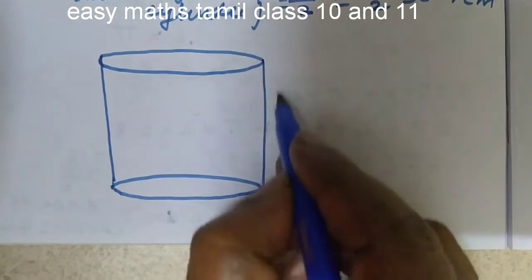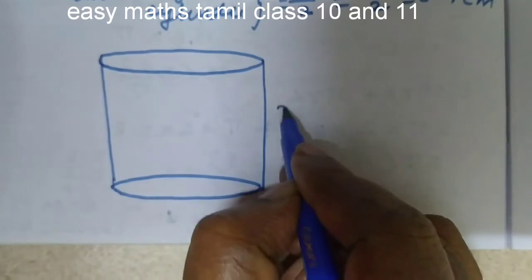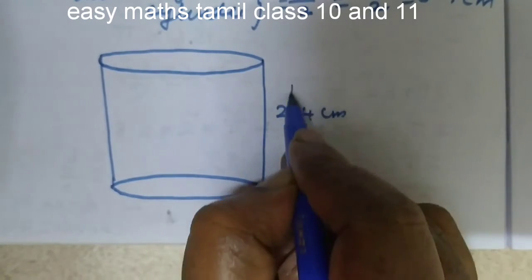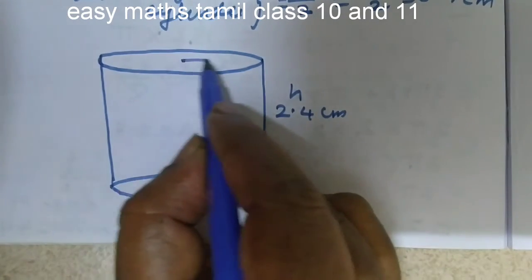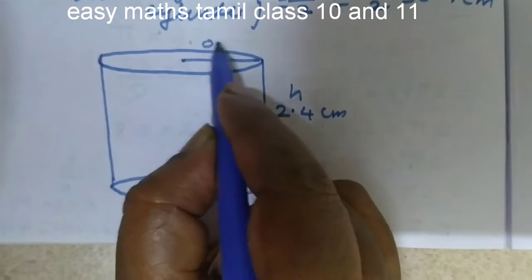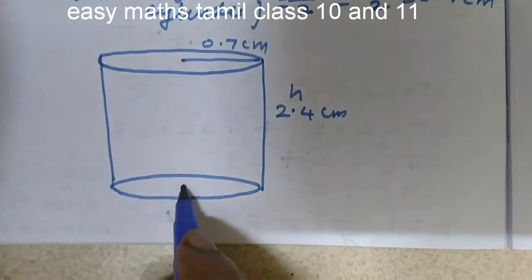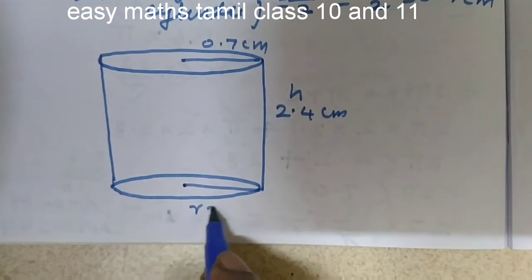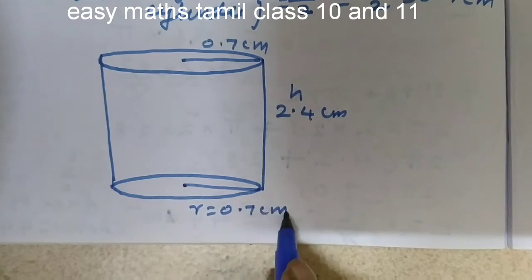Solid cylinder height is 2.4 centimeter. Its radius is 0.7 centimeter.